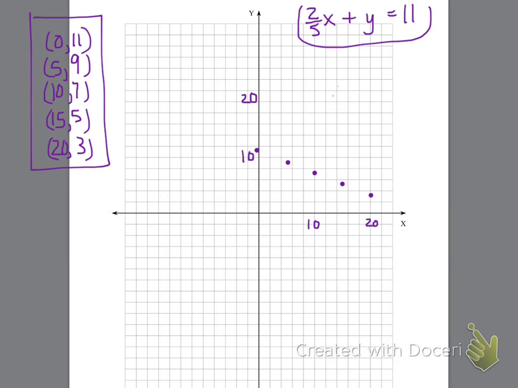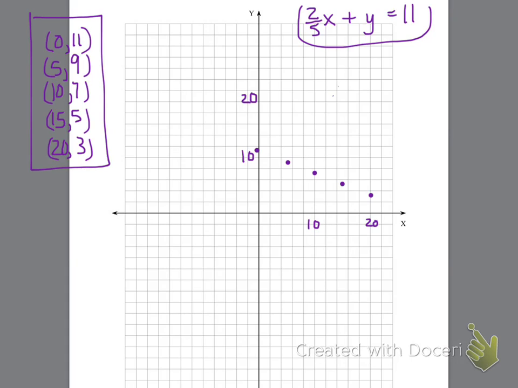So if you had more room on your graph paper, you could have done each grid point equaling 1. That would be a little easier, but you can do this. So once again, we're noticing that these points certainly look like they're in a straight line. Okay, but we don't know that for sure yet. We're going to address that in the next lesson.